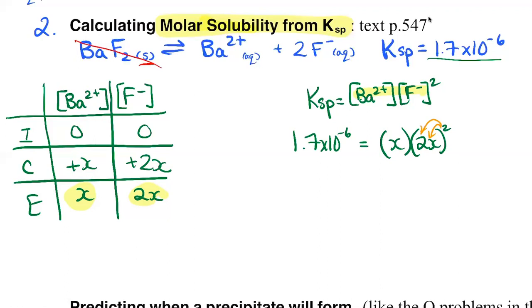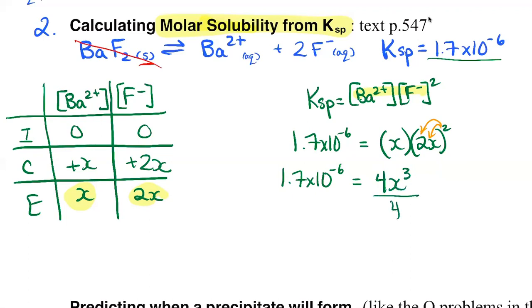So now we're solving for x. 1.7 times 10 to the negative 6 is equal to x times 4x squared. That itself is going to give me 4x to the power of 3. So just to save space, I'm going to switch right over to that. 4x to the power of 3.